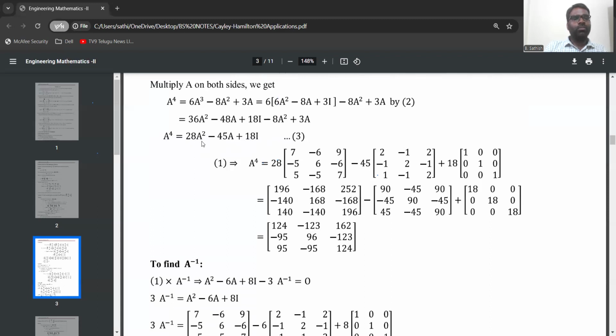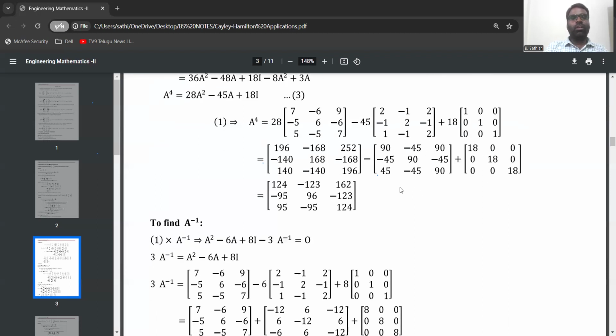Simply substituting all these values from the above in the above equation 3, we'll get a power 4 equals to 28 into a square is this matrix, and again minus 45 into given matrix A plus 18 into our unit matrix or identity matrix of order 3, 1 0 0 0 1 0 0 0 1.